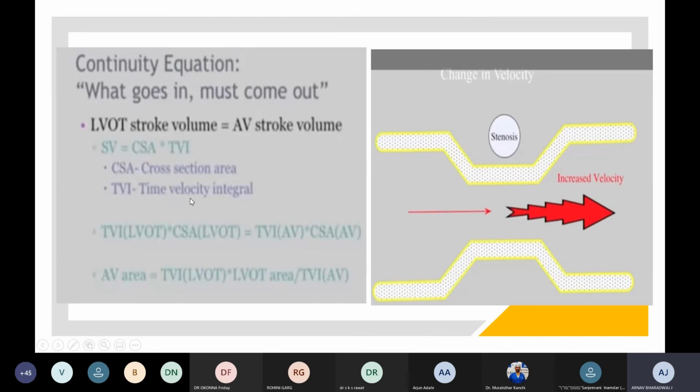Velocity time integral is measured by continuous wave Doppler. So aortic valve area is equal to the velocity time integral of LVOT times LVOT area divided by the velocity time integral of the aortic valve. This is the formula used to calculate the aortic valve area.